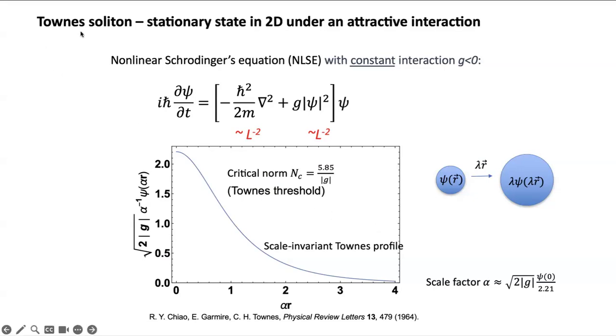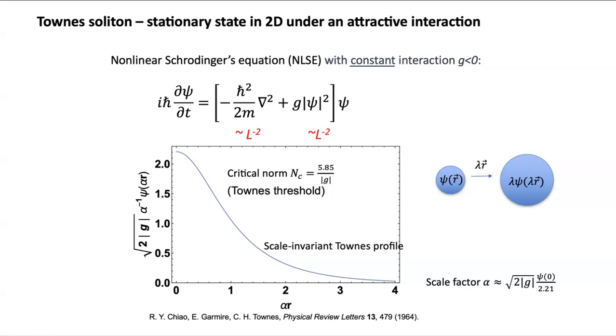Okay, you may have seen a soliton in nonlinear optics. It almost always happens in one-dimensional systems. That's because in 1D you can form stable solitons in the nonlinear Schrodinger equation like this.